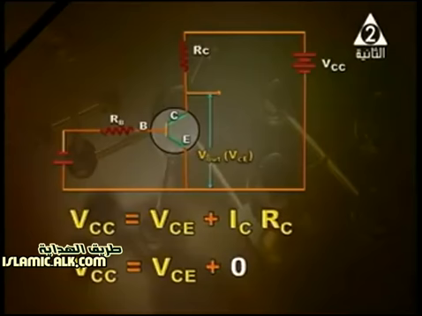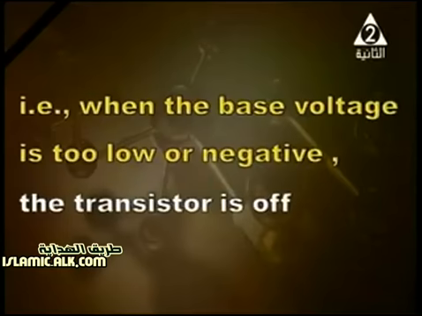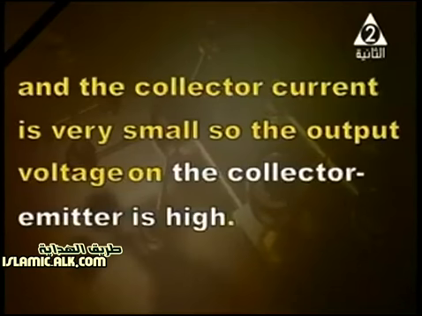So it turns out that VCC equals VCE. That is to say, when the base voltage is too low or negative, the transistor is off. The collector current is very small, so the output voltage across the collector emitter is high.